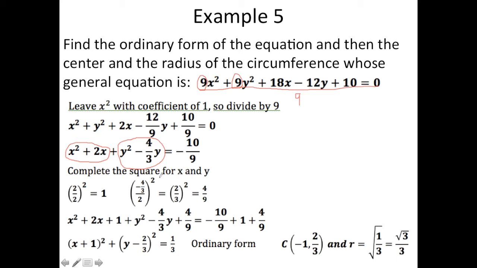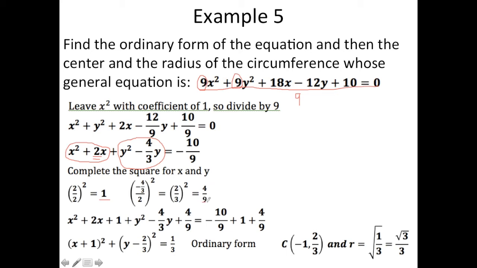Once I have it this way, now I can complete the square, but I'm going to have to do it twice. One for the x's and one for the y's. So I take this 2, I divide by 2 and I square it, and I end up with 1. Same thing here. Negative 4/3, I divide by 2 and I square it. Simplify this part, guys, and you get 2/3. 2/3 squared gives me 4 ninths.